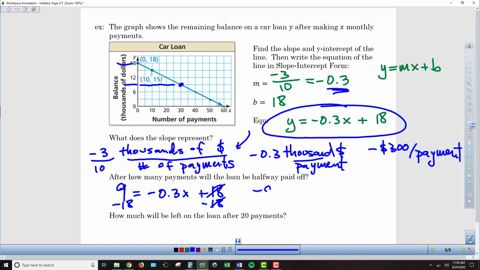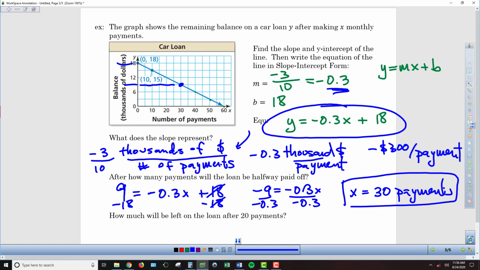We get negative 9 equals negative 0.3x. And so then just divide both sides by negative 0.3. And so if we push buttons on our calculator on that one, we end up with 30 payments, which confirms what we read off of the graph.